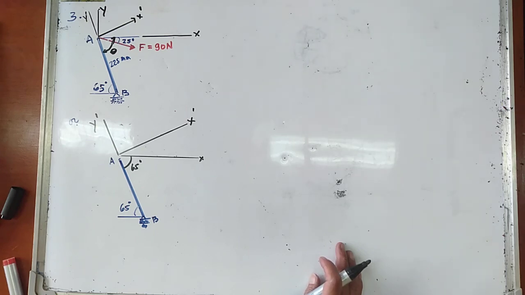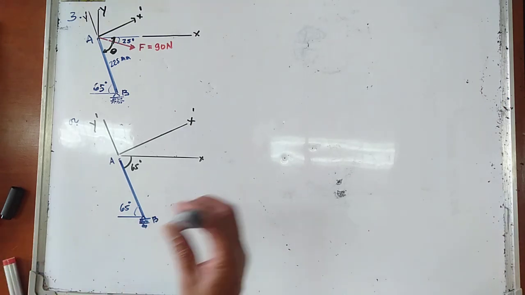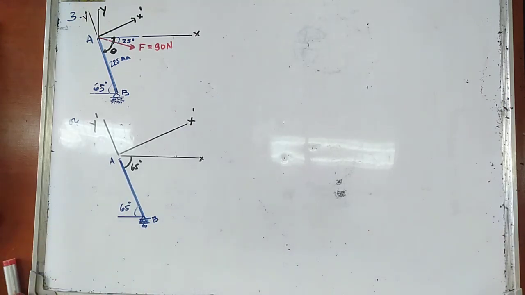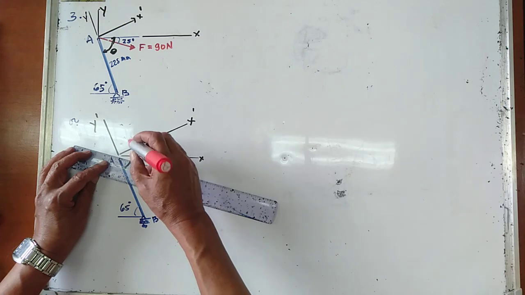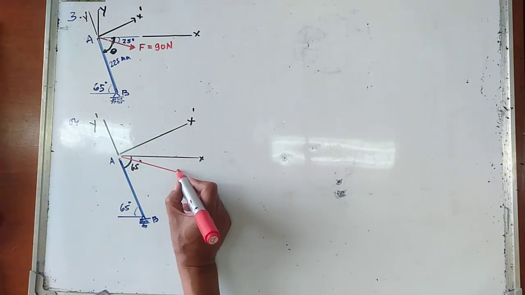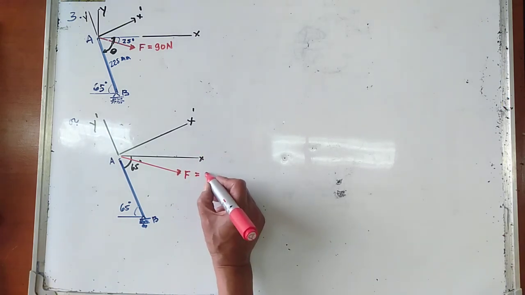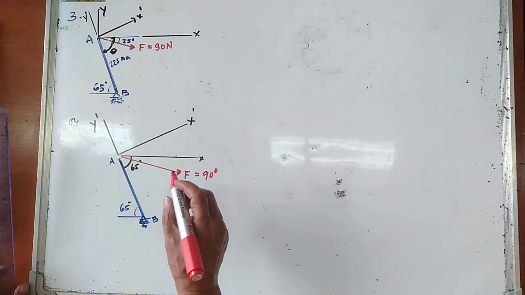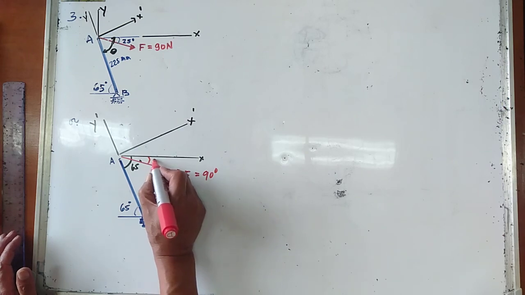And the first F in here is now at this point in here. So this is our first F, which is at 90 degrees, and it makes an angle of 25 degrees with the horizontal.